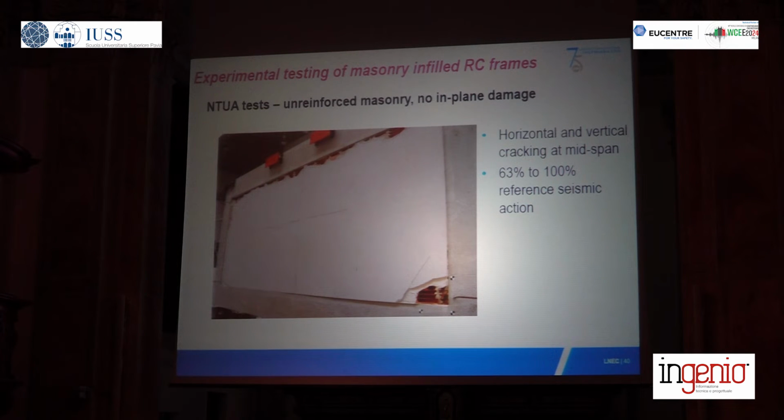Basically this initial test was a test where we had the response of the infill just for the out-of-plane vibration. We reached this type of mechanism, with a horizontal crack and a vertical crack, for the out-of-plane only seismic action.